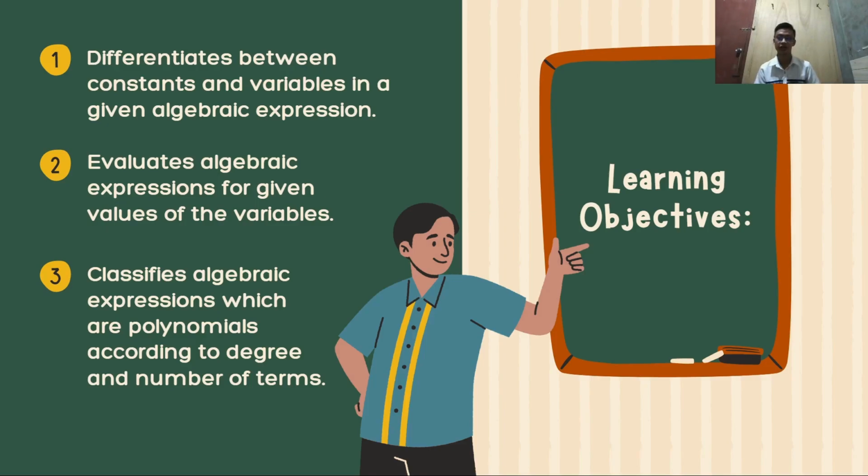Secondly, the learner should be able to evaluate algebraic expressions for given values of the variables. And last but not the least, the learner should be able to classify algebraic expressions which are polynomials according to the degree and the number of terms.